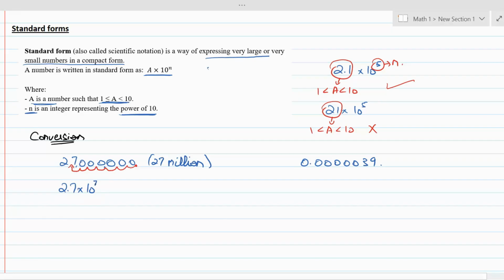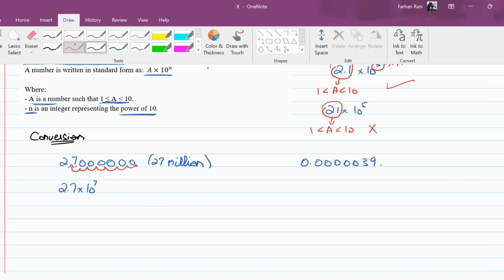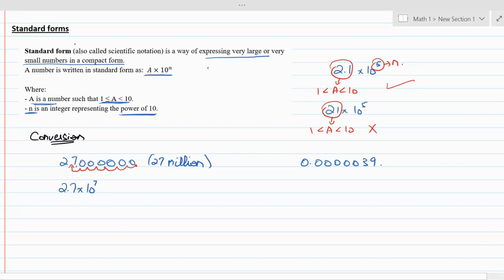And then for this second number, which is a very small number, the decimal is there at the left. So that means we have to now move the decimal towards the right, so that the number formed is in between 1 and 10. So if we move the decimal towards the right, 1, 2, 3, 4, 5, 6.